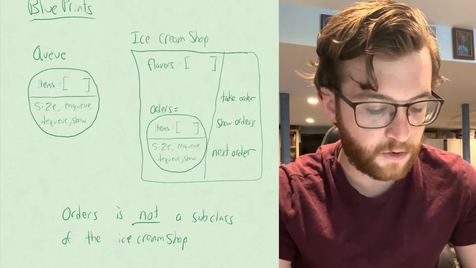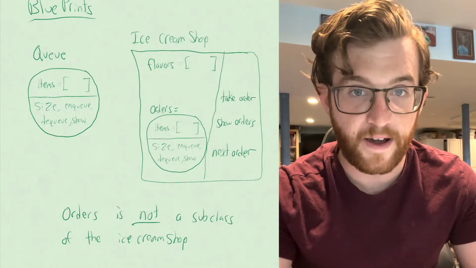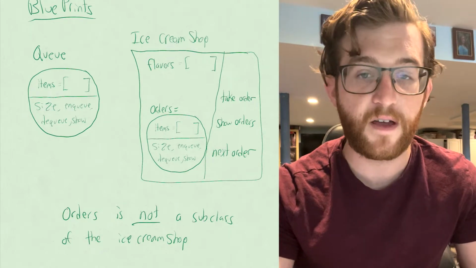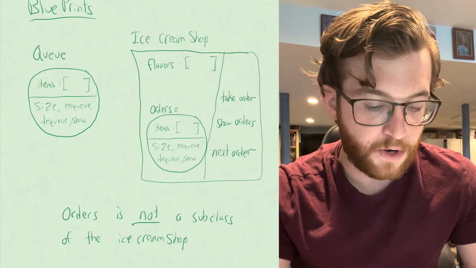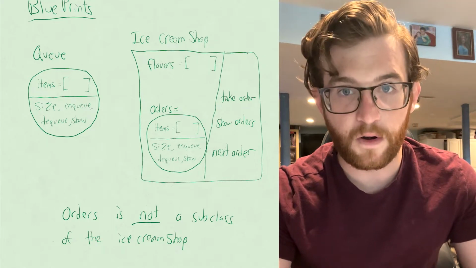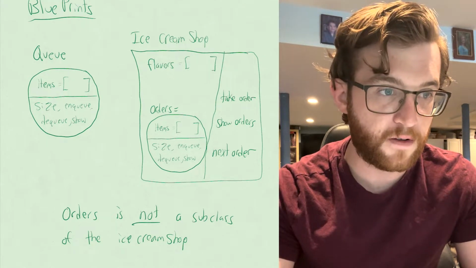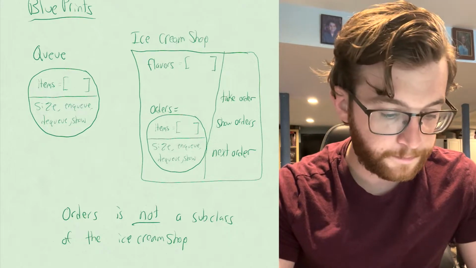Then we will create a dictionary from there, and then we'll perform the enqueue method and add it to the items list inside of the orders object. And similarly, the show orders method will show all the orders in that items list, and next order will dequeue the first item from the list, and we'll go from there.